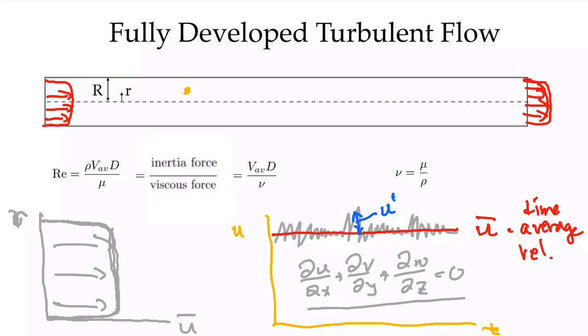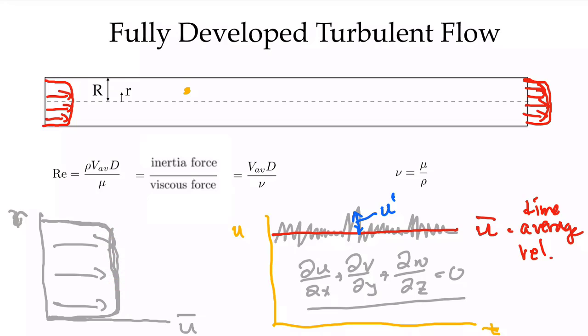It's mixing the flow. So all of these velocity fluctuations are doing a great job of mixing the momentum in the flow, and if we mix momentum, we end up with a much closer to a flat profile where the average velocity is much, much closer to the maximum value.